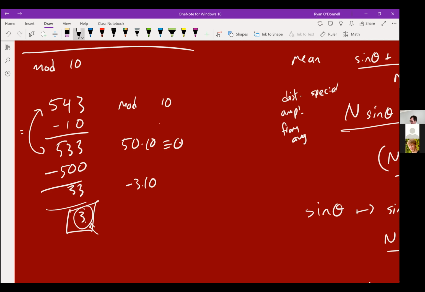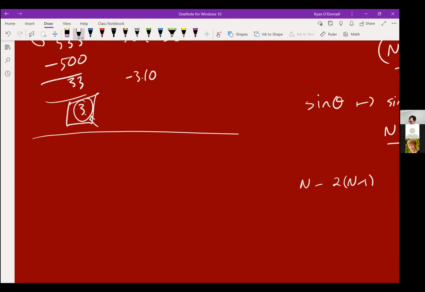More generally, let's say P of x is x cubed plus x plus 1, and we're going modulo 3.